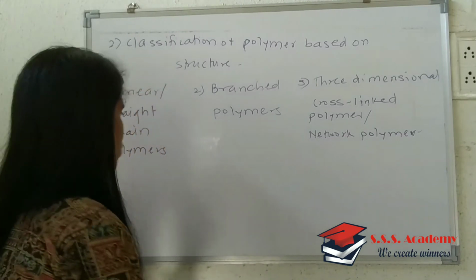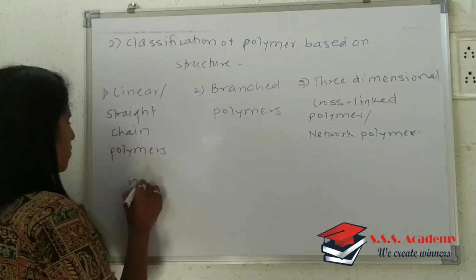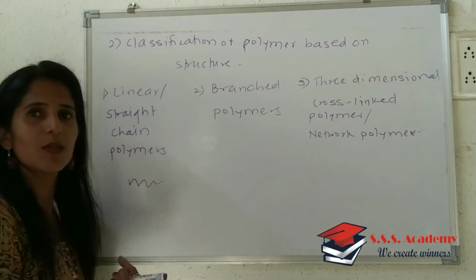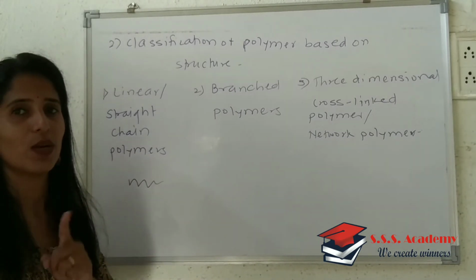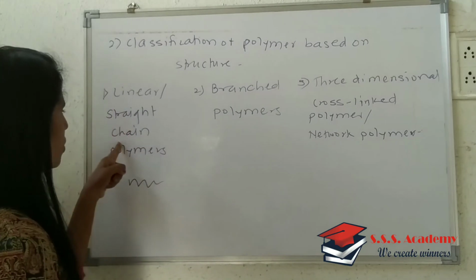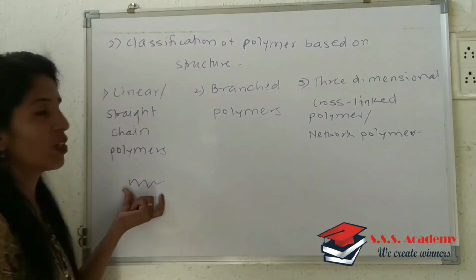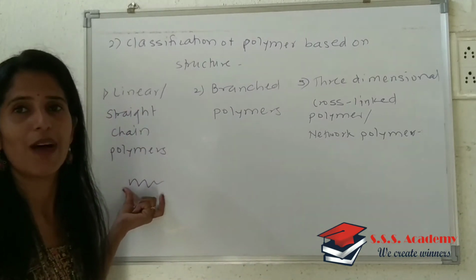If you are going to have a monomer unit like this, let's say this is a monomer unit, it has to be bifunctional. One thing you are going to remember as far as linear or straight chain polymers are concerned, the monomer unit we are going to use must be bifunctional in nature.